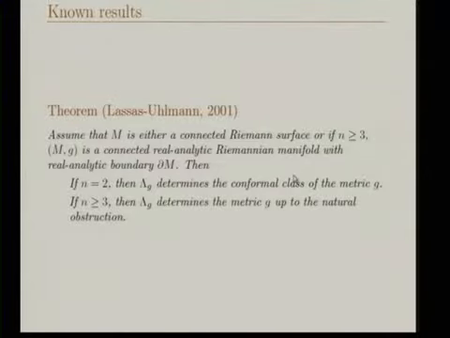Then if n is equal to 2, lambda G actually determines the conformal class of the metric G. Based on the conformal invariance, this is the best that you can achieve in 2 dimensions. And in 3 dimensions and higher, from lambda G you can determine G up to the natural obstruction. By natural obstruction, I mean the G tilde that you determine differs from G through a pullback.